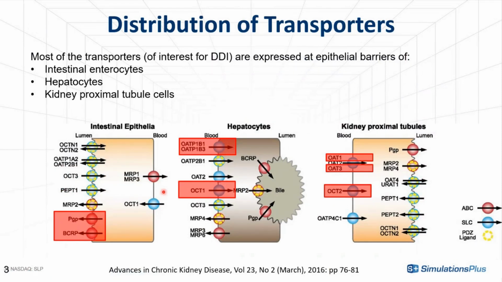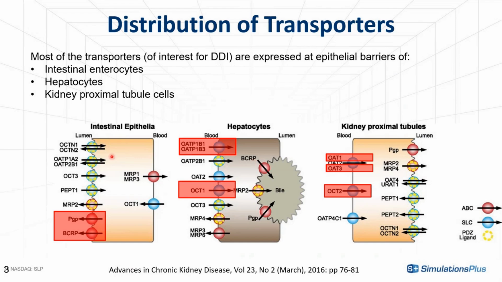The second question is, where do we find these transporters? Most of the transporters, at least those of interest for drug-drug interactions, are expressed at epithelial barriers, for example, in intestinal enterocytes, hepatocytes, and in the kidney proximal tubule cells.